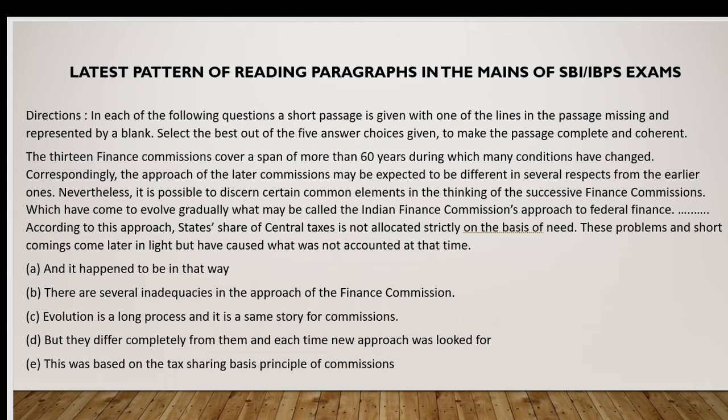So what is option A trying to convey? Usually if we fill that particular option A, then it does not provide any coherence. And when we go to option B, it says there are several inadequacies in the approach of the finance commission. Certainly, if there is some negative structure, then it must match the coherence of the inadequate sense.